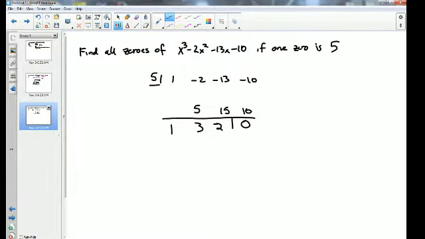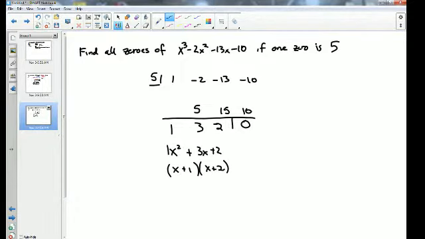So, what quadratic is this? X squared plus 3x plus 2, right? 1x squared. Can I factor that? Yes. Educate me, Kellen.